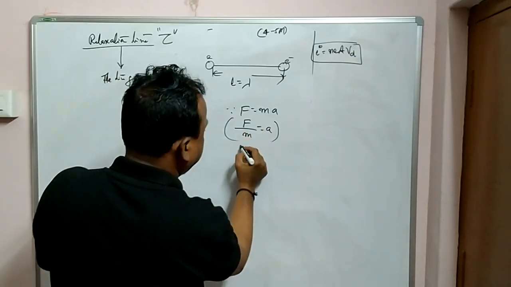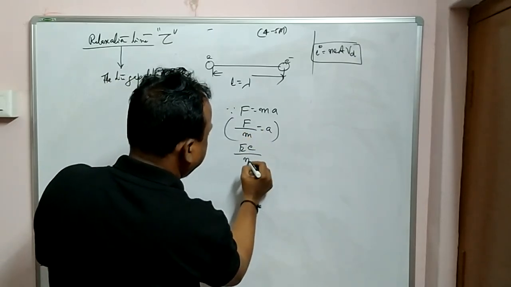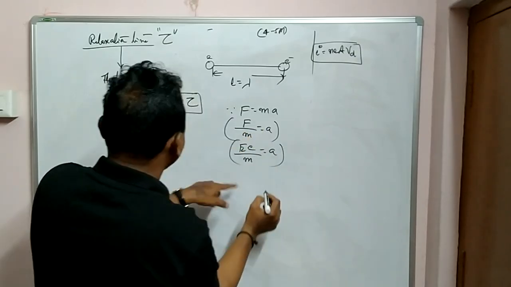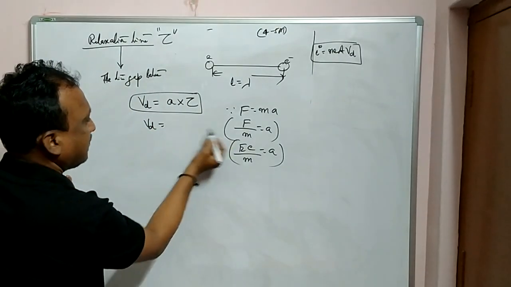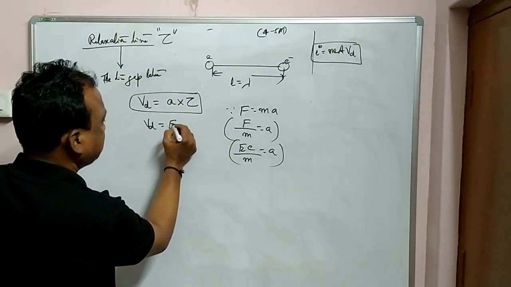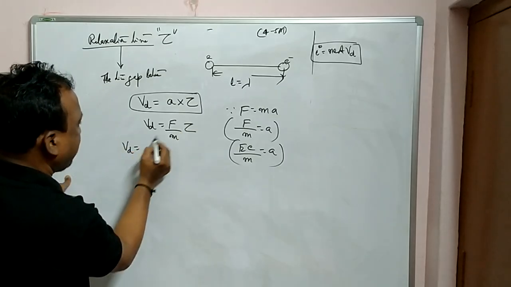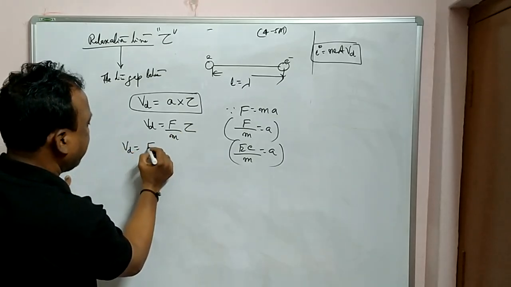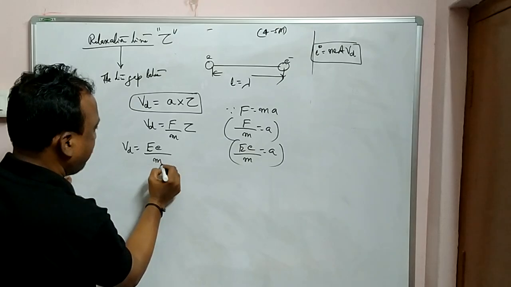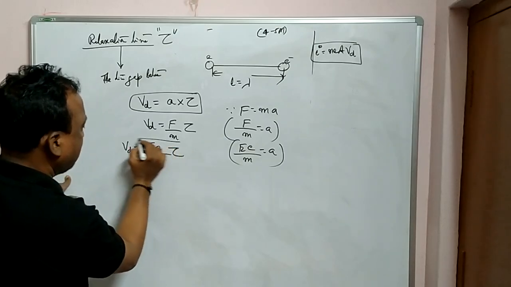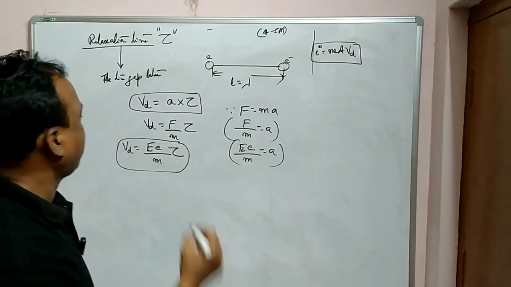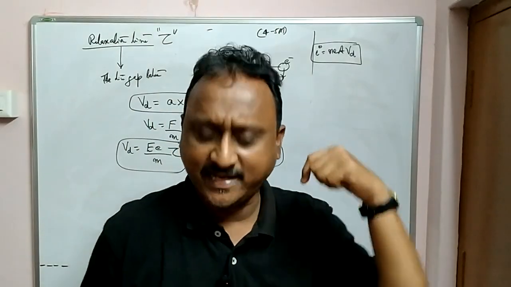What is F again? Eq, or E by m is equal to a. You can substitute here: a is equal to F by m into tau, or drift velocity is equal to Eq by mass of the electron into tau. This is another formula relating drift velocity and relaxation time.